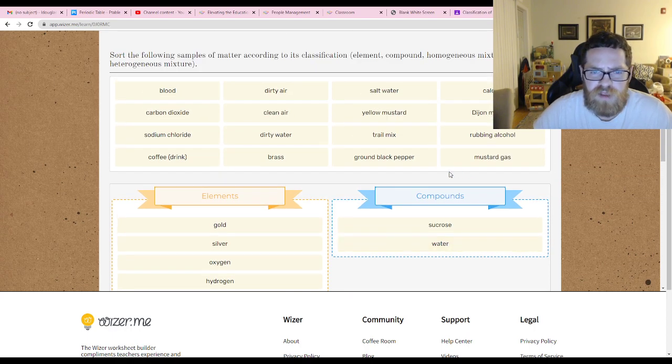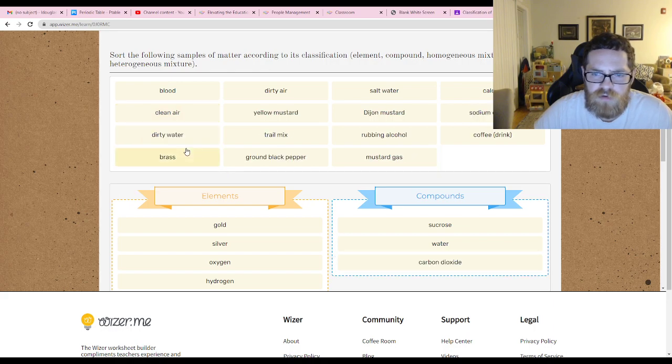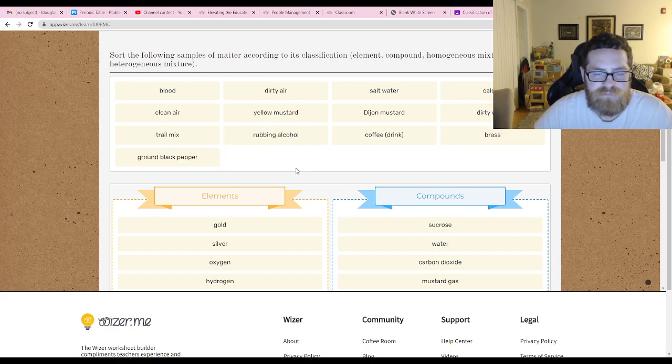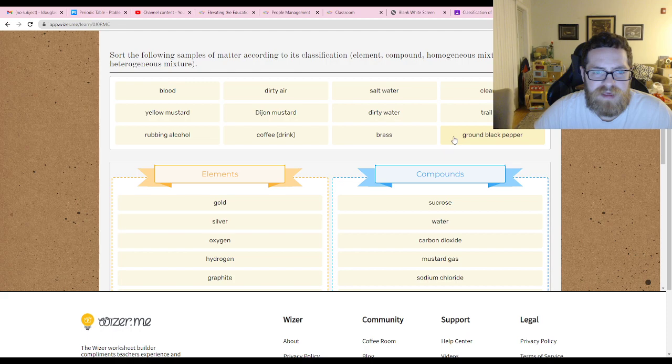I can't recall off the top of my head. Right, we have carbon dioxide, CO2. That is a single chemical. Mustard gas, that's one chemical. Sodium chloride, one chemical, a compound. Calcite is a single chemical.